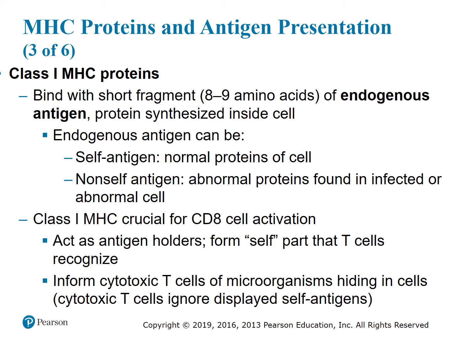The class 1 MHC is crucial for CD8 cell activation. It acts as an antigen holder that forms the self-part that the T cells will recognize. They also inform cytotoxic T cells of microorganisms hiding in cells. Cytotoxic T cells ignore displayed self-antigens.